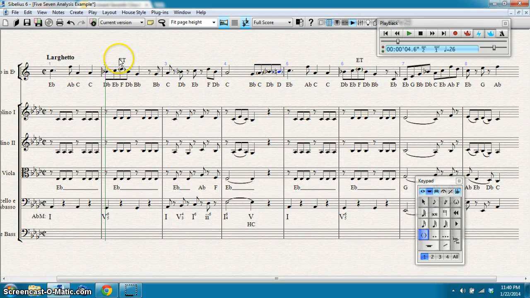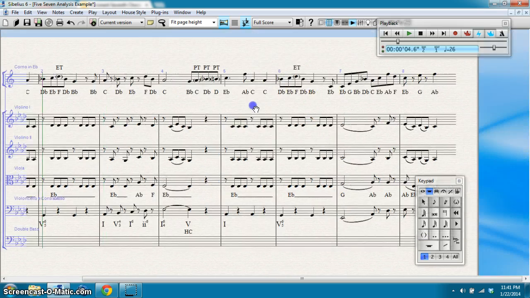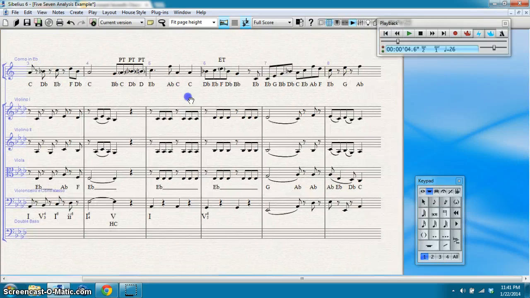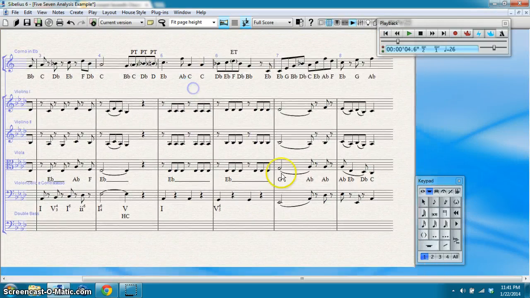So we can mark those like we've done earlier. So notice I'm marking all of them individually. Alright. So now notice we did those 2 measures the same, and now we can analyze the last 2 measures.